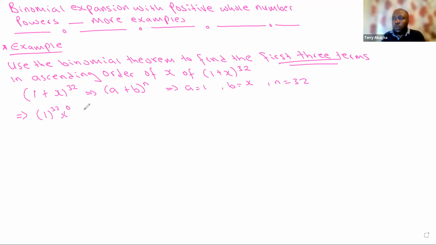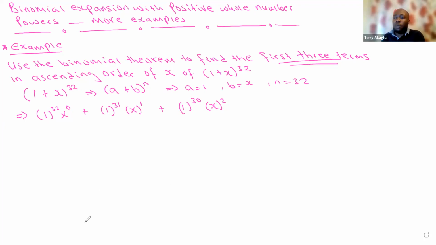Then plus 1 to the power 31, x to the power 1, plus 1 to the power 30, x to the power 2. Remember, we were asked for the first three terms in ascending order of x. So x to the power 0 is the first term, this is the second term, and this is the third term. So we are done.